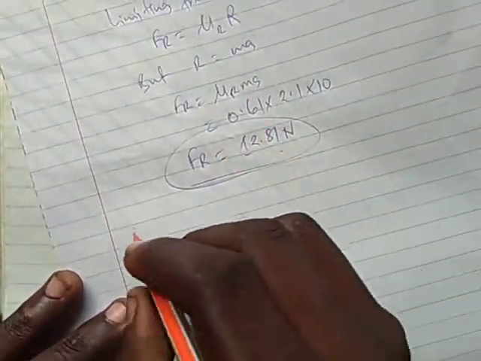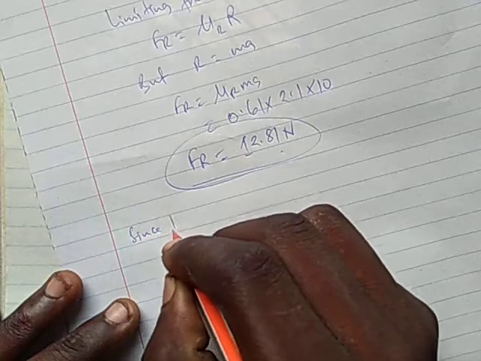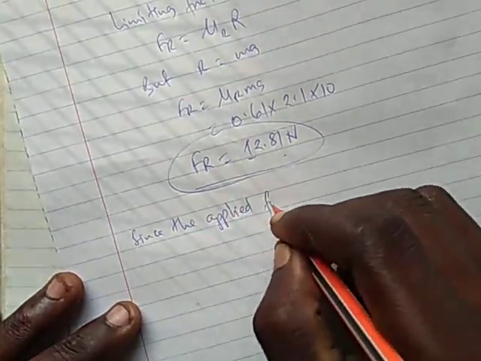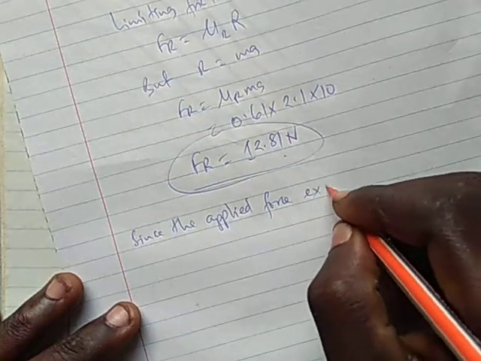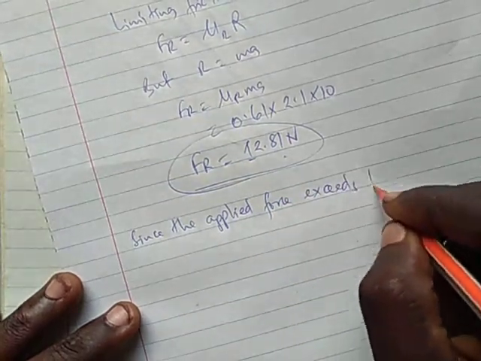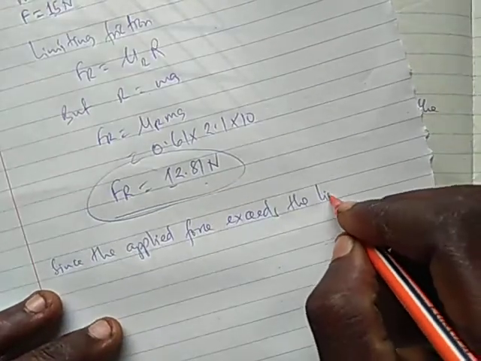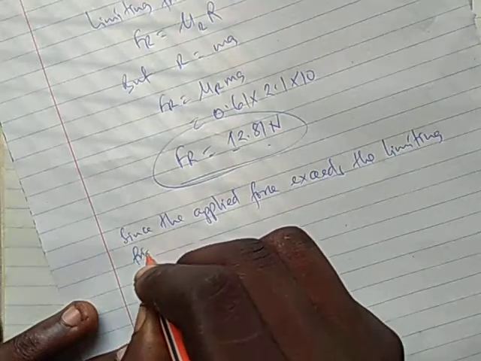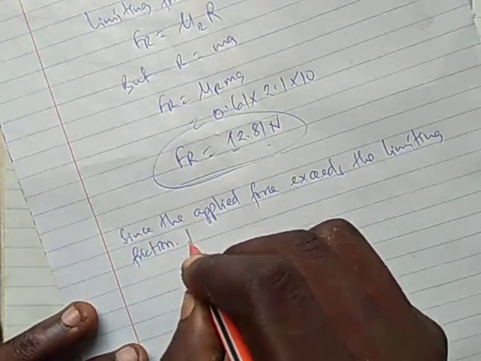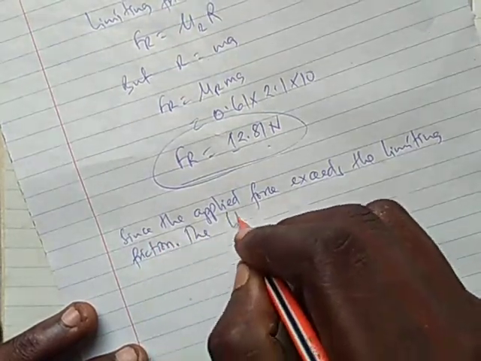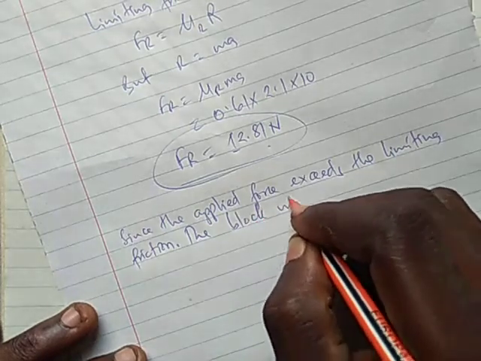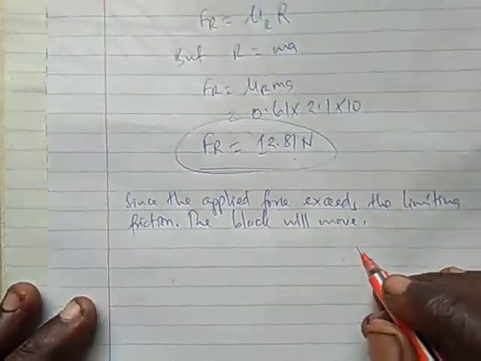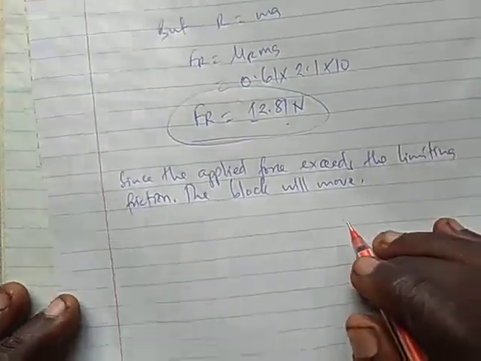So tutasema hivi, since the applied force exceeds the limiting friction, the block will move.